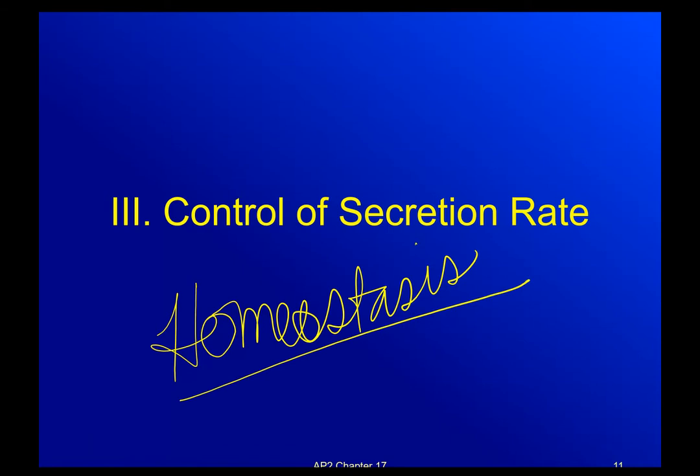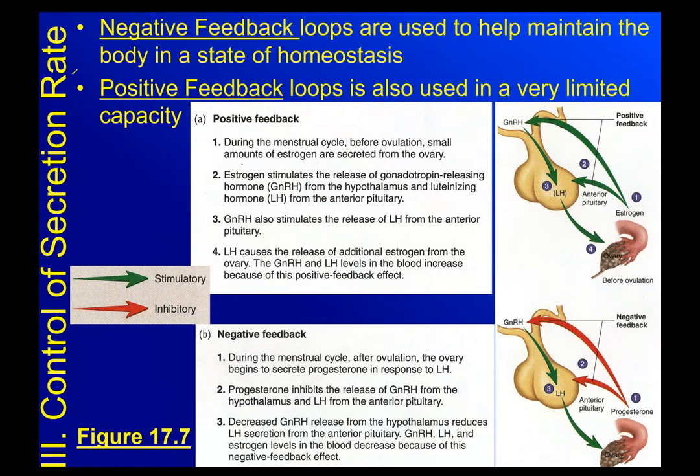When we talked about homeostasis, we talked about two things that can influence homeostasis. We talked about a negative feedback loop, and we talked about a positive feedback loop. So negative feedback and positive feedback. These are examples within your endocrine system. If you want to read through them and you want to go through them so that you kind of have a solid example in your brain, that's perfectly fine.